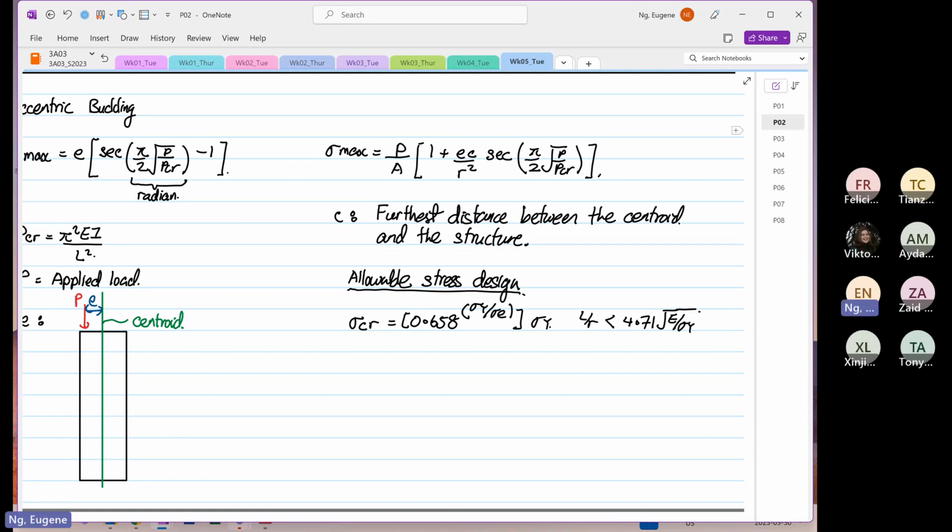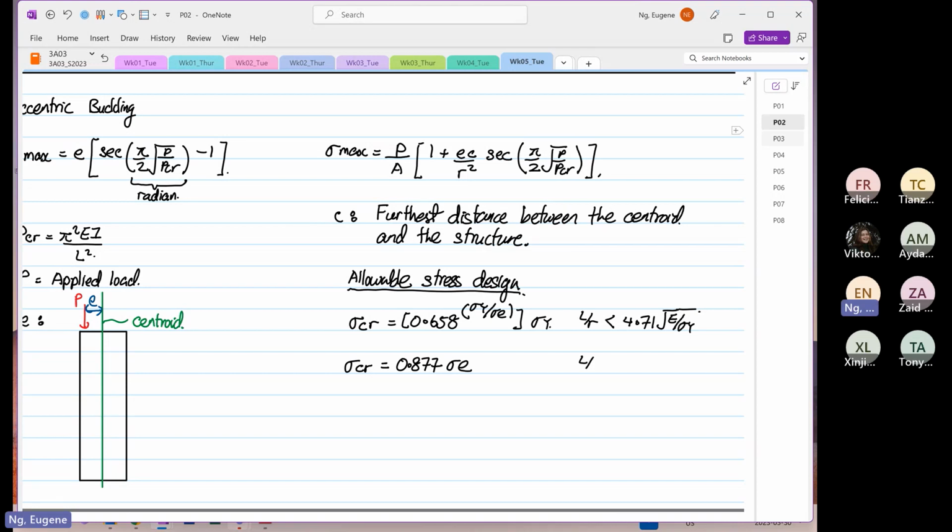And the other set of formula you use, where critical stress is equal to 0.877 times stress E. I'm looking at the formula sheet now, by the way, that is provided in the term test, okay?